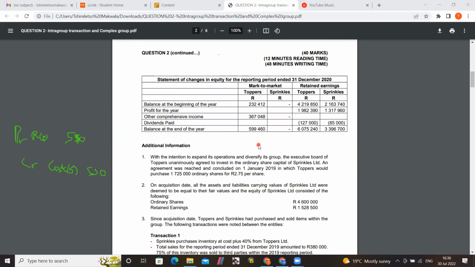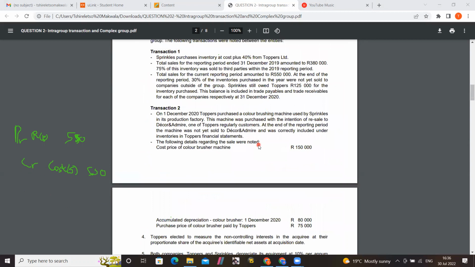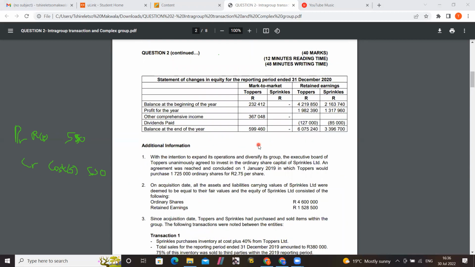Don't forget that you can't issue dividends to yourself. So we have to firstly eliminate the dividends that we got, because we recorded dividends. But we didn't get this total 85,000. What Toppers got is that 85,000 multiplied by the 75% that they own, which is 63,750.